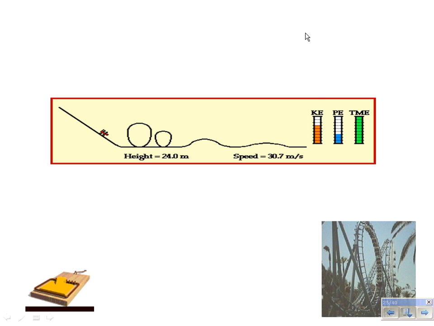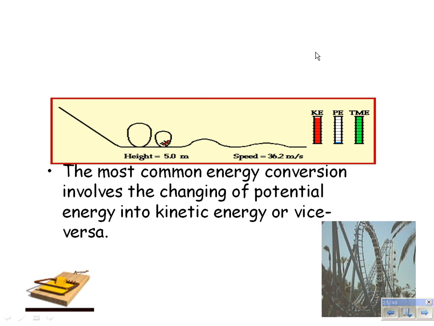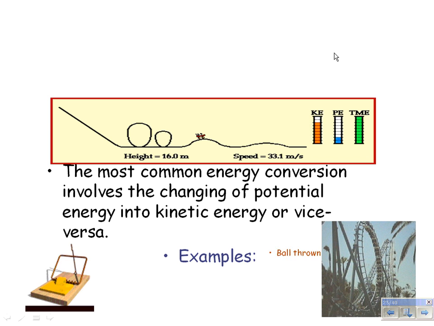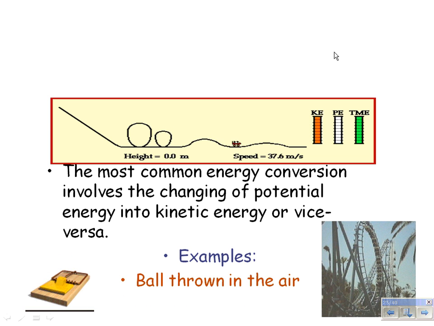We have a mouse trap, which is an example of potential and kinetic energy. And you throw a ball in the air. It's going to have more potential energy right at that split second where it's not rising anymore or falling. Roller coaster.